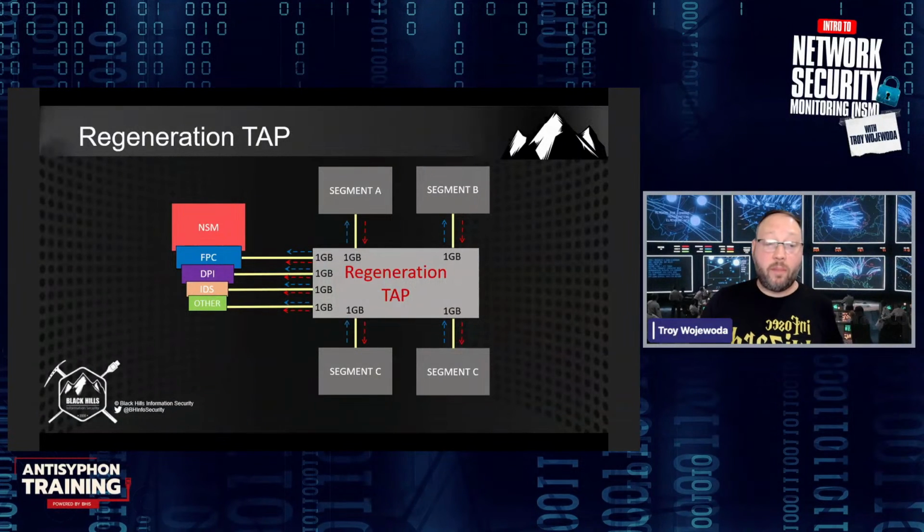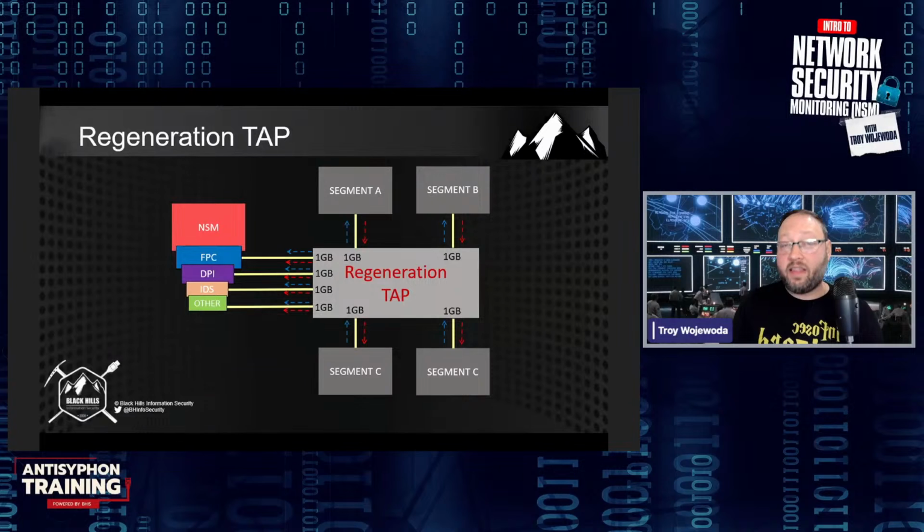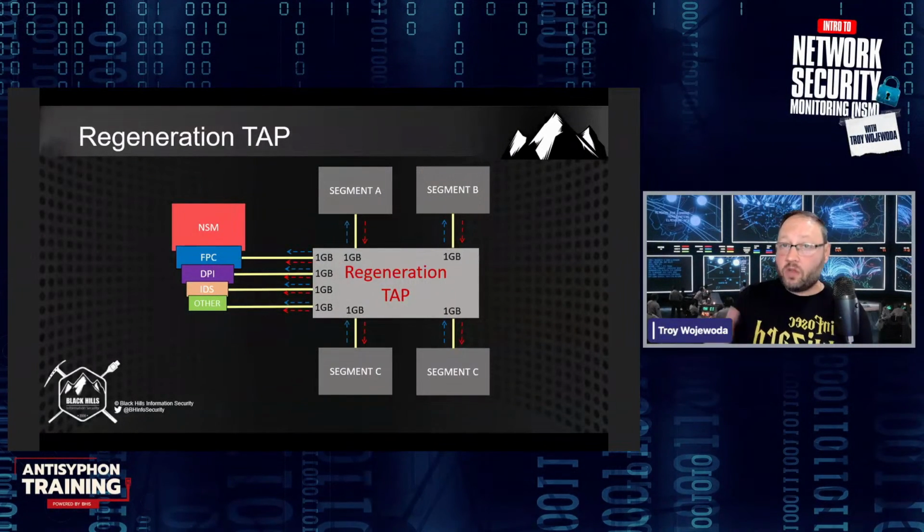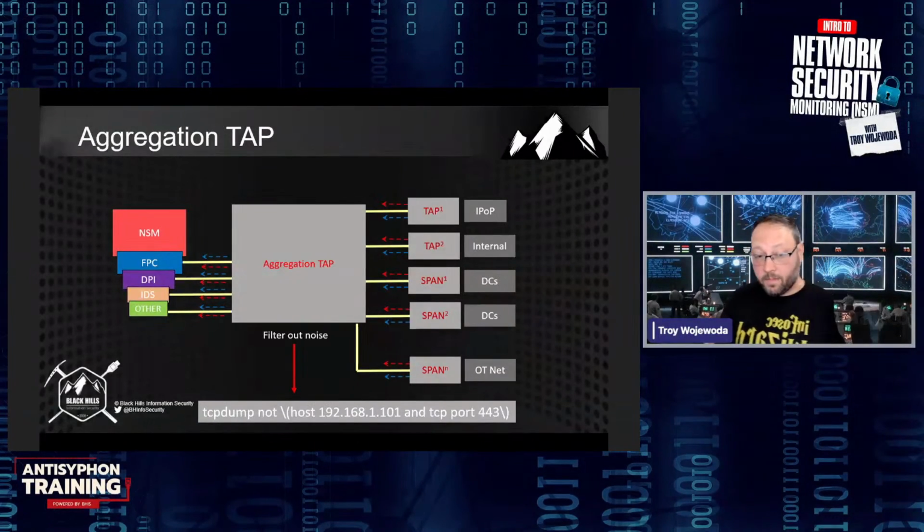However, maybe you have a DLP solution that needs to look at network traffic. That was already in place, and that needs to be there and can't be removed. So now you can take the same data and split it into multiple different downstream outputs.